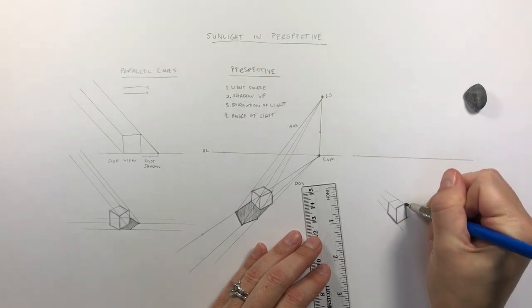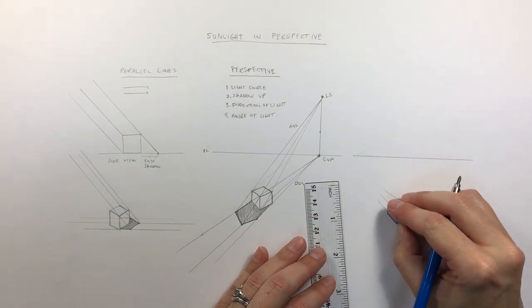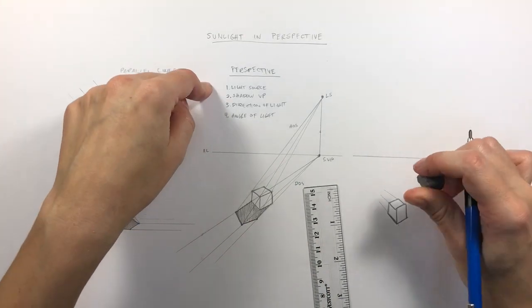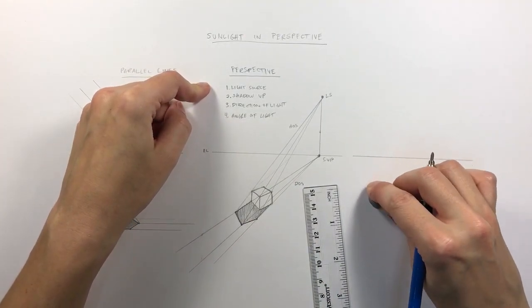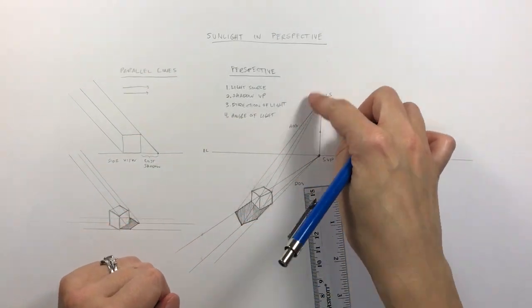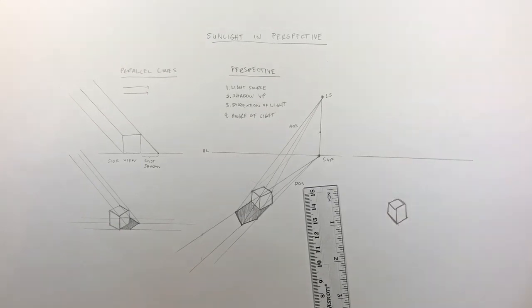Okay, there we go. I've got my cube in perspective. Now, one thing to also mention, this method works no matter if we're in 1-point perspective, 2-point perspective, or 3-point perspective. It does not change how this method goes on. The same things will take place.